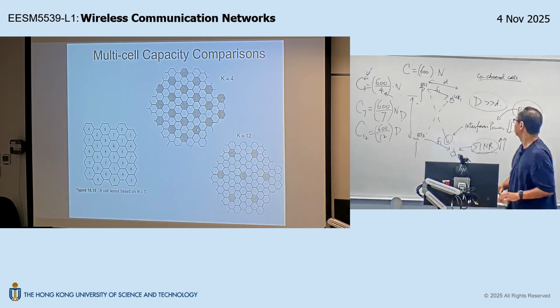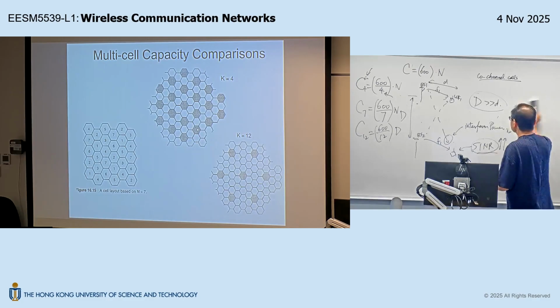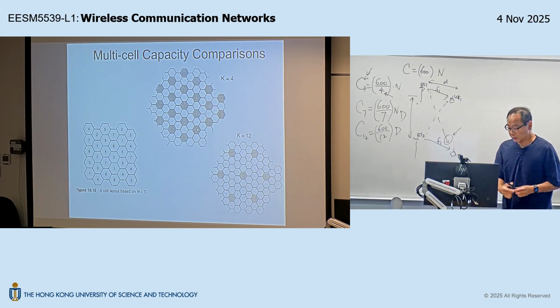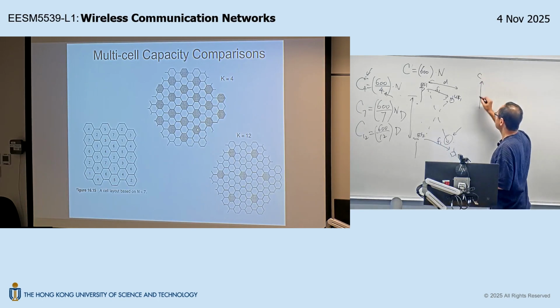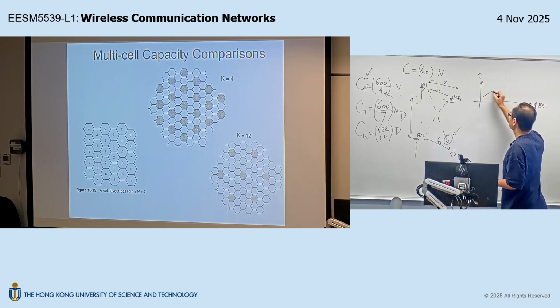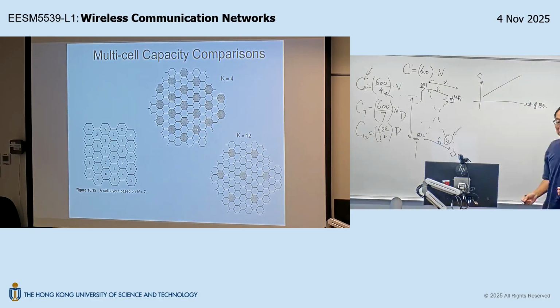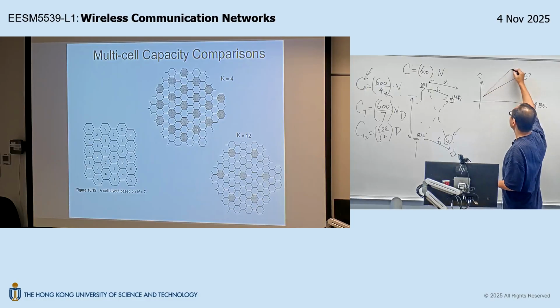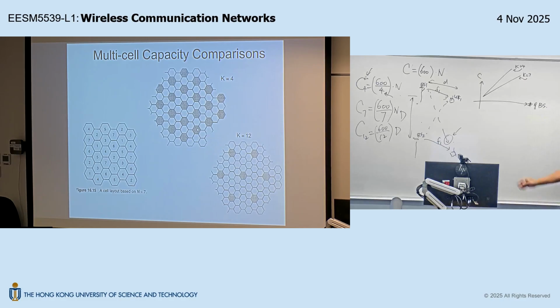So in other words, let me erase this. If we look at this, capacity versus number of base stations, we expect a curve like this. Okay? Now, if we have a reuse factor of 7, it will be a curve like this. If we have a reuse factor of 4, it will be a curve like this. Okay? And don't forget, we are talking about a few thousands or tens of thousands of base stations in a typical operator.